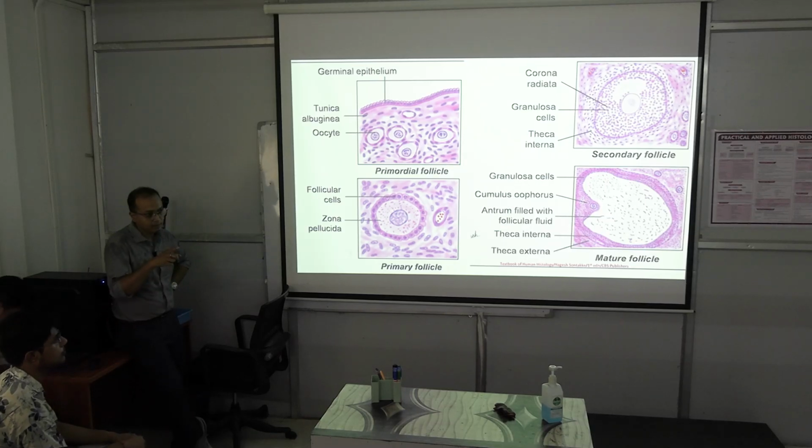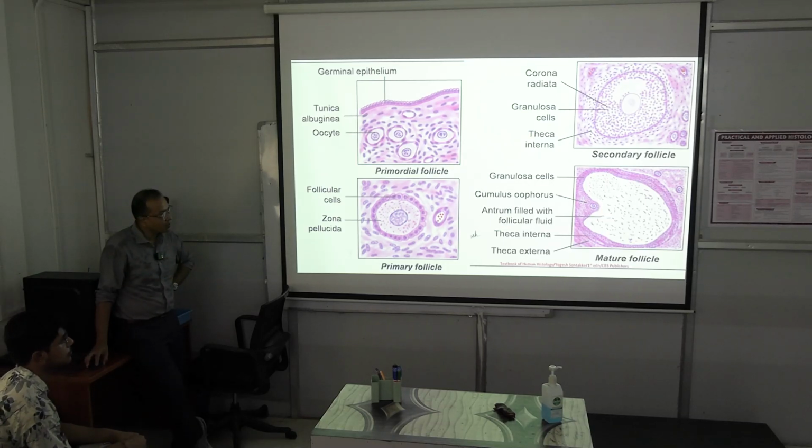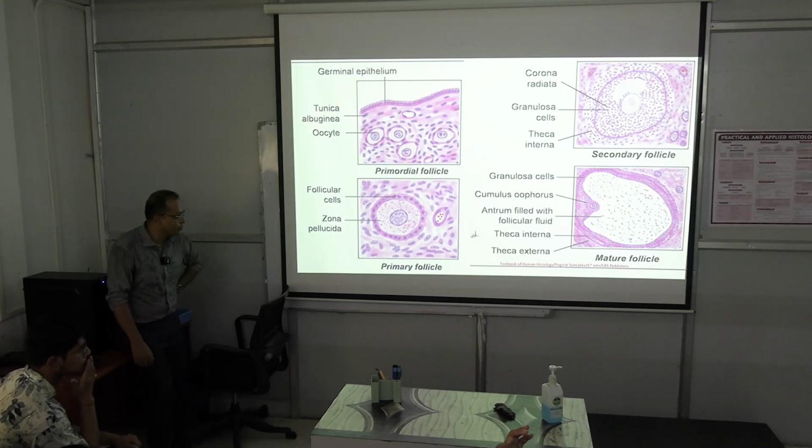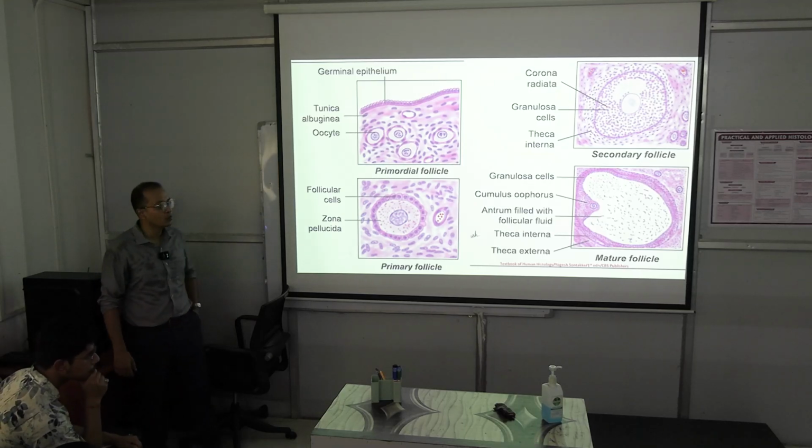A portion of the corona radiata is anchored to one end, the other end is free. This point we call the cumulus oophorus. These different names don't have much significance, but for descriptive reasons we have to know them.